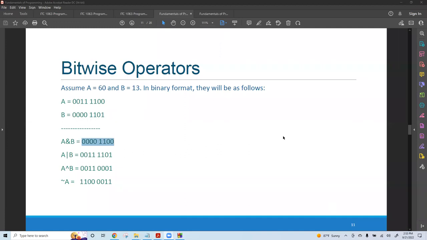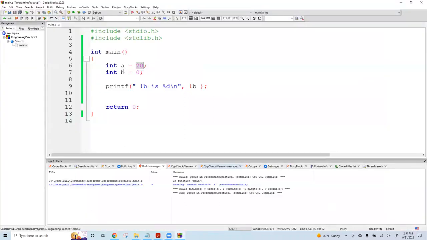So let's say 60 and 30. I have a program, so I can easily do that.